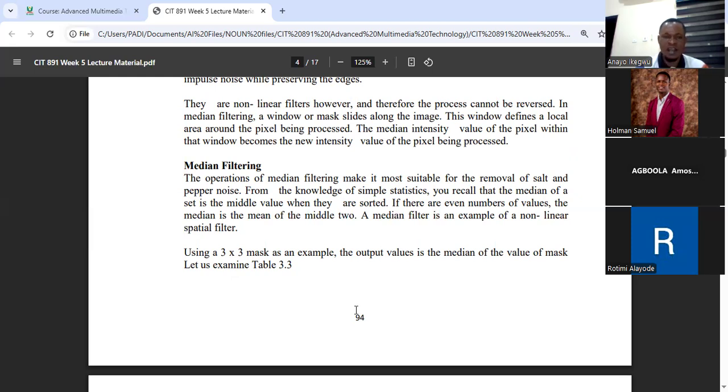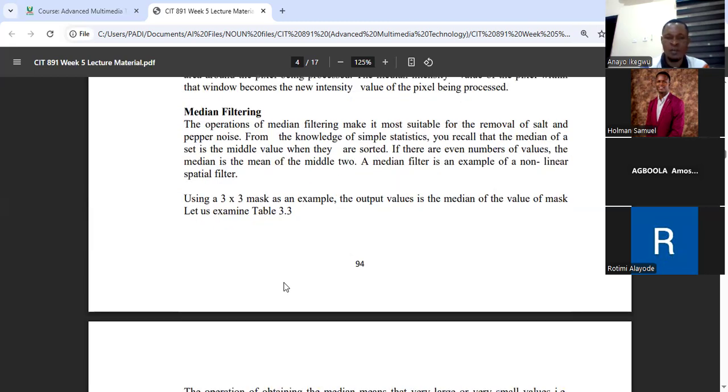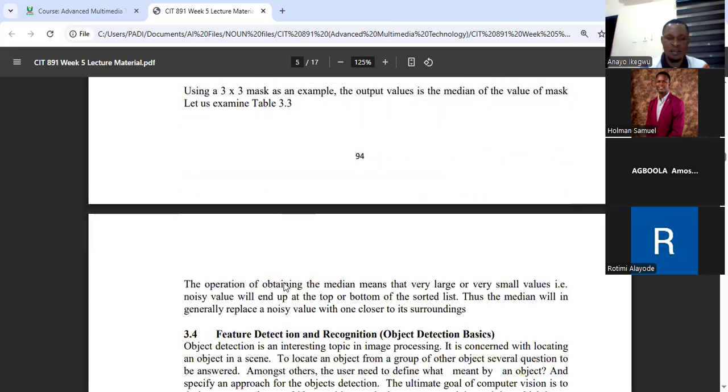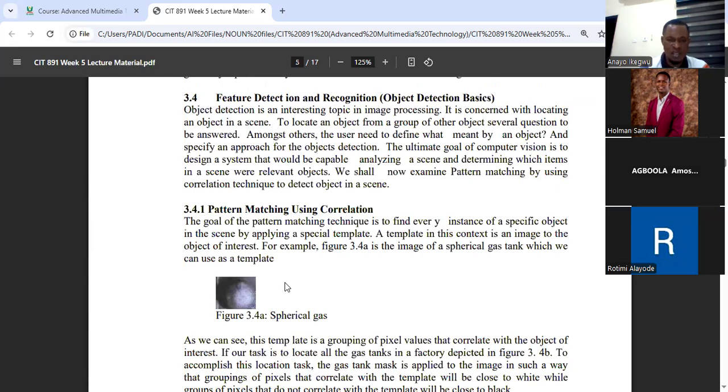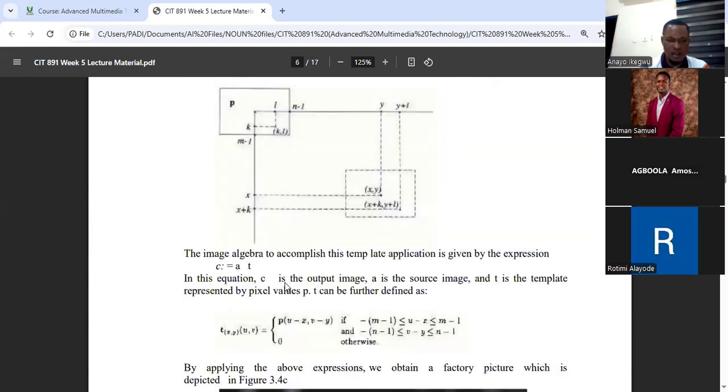It is an example of a nonlinear spatial filter. For example, using a 3x3 mask, the output value is the median of the values of the mask. Let us examine table 3.3, so we can see it for better usage.